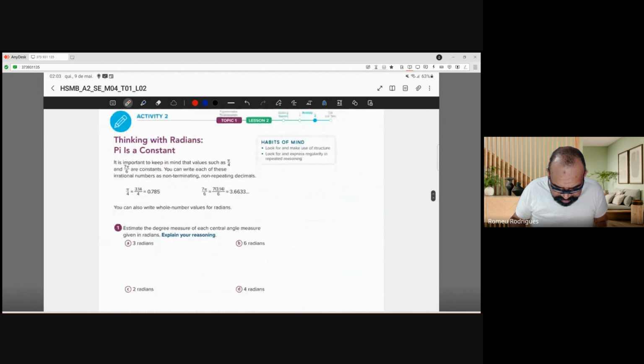Think with radians when pi is a constant. That's something interesting. Pi is a constant, never changes. It's 3.14 always. And we're just comparing the results here. How much is 3 radians? How do we do that? Pretty simple. Attention here, 3 radians.